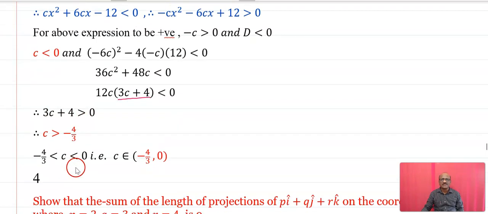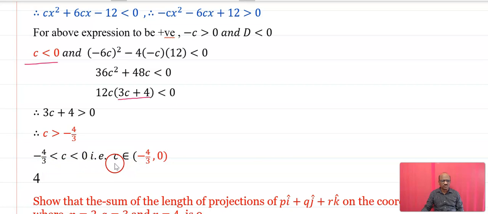If we simplify this, subtract 4 on both sides, divide by 3 on both sides. Then you will get c is greater than minus 4 by 3. As c is greater than minus 4 by 3, we have our consideration that c must be negative. It means that the value of c lies between minus 4 by 3 and 0.